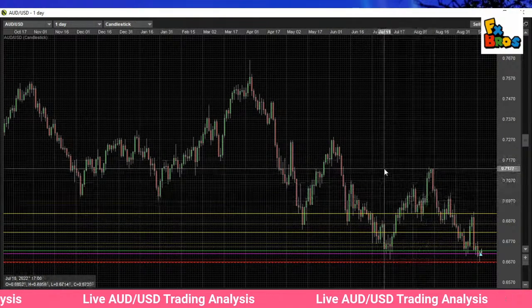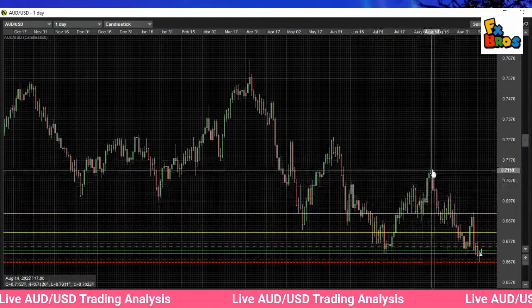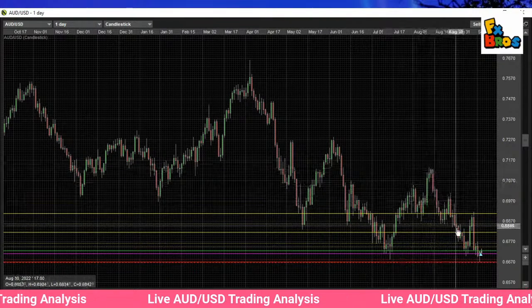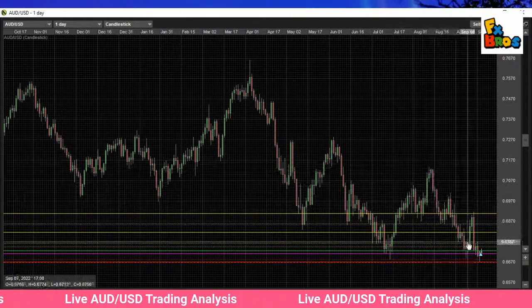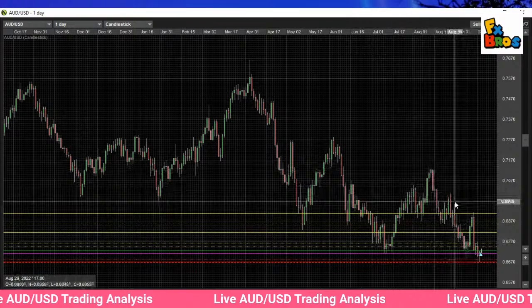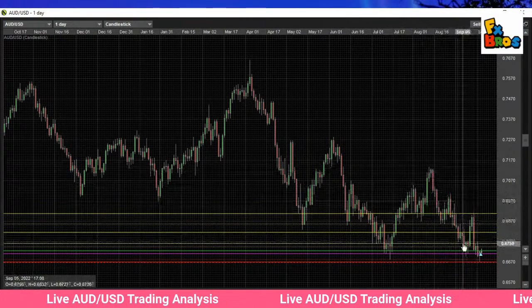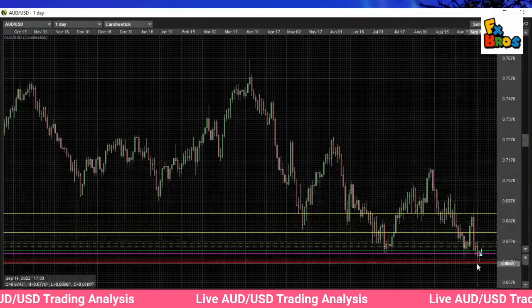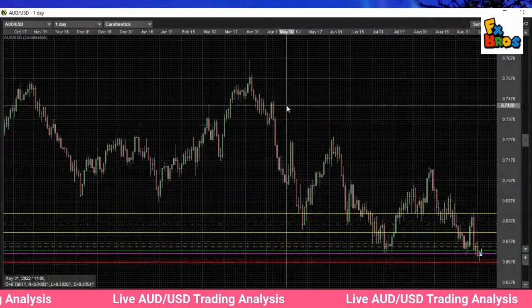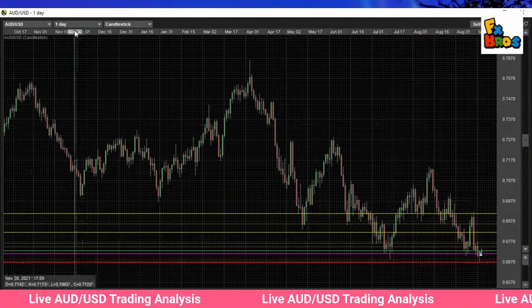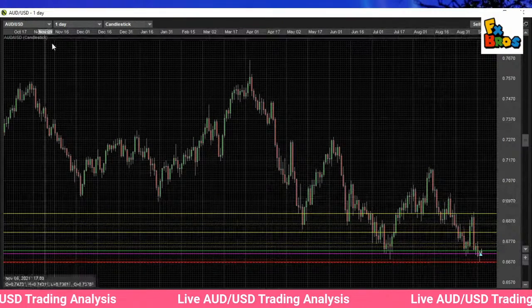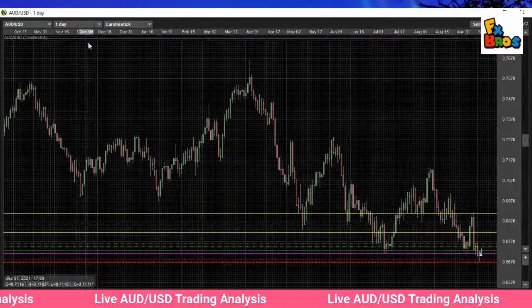But the overall picture, this was a lower high created, then turn around, another sell off, created a lower high, lower low, lower high, lower low, and where we are today with the low of the year created last week on Friday.